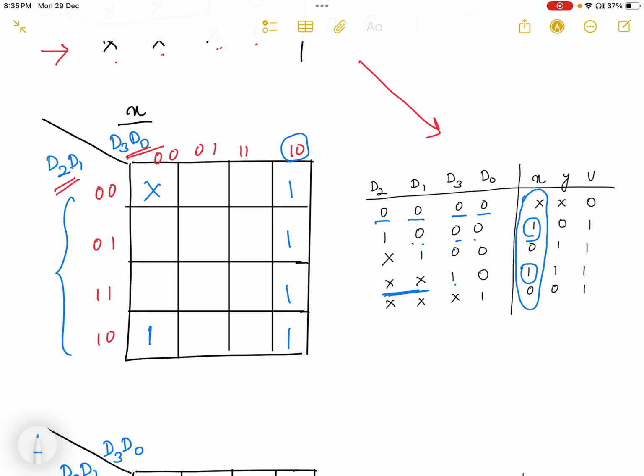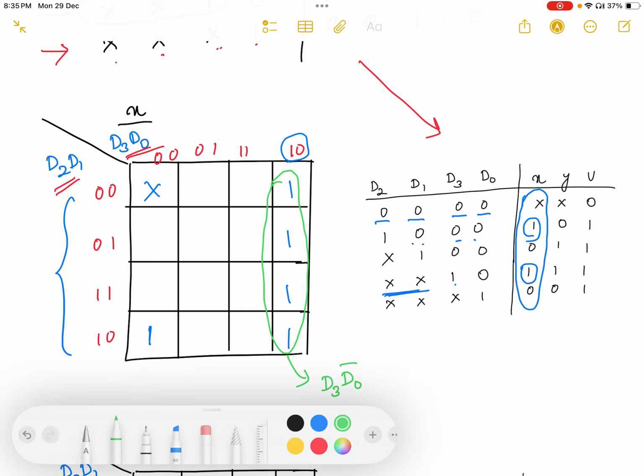If I want to solve this K-map, I can go for pairing like this, and here I'll get D3 D0 bar. This is one possibility.